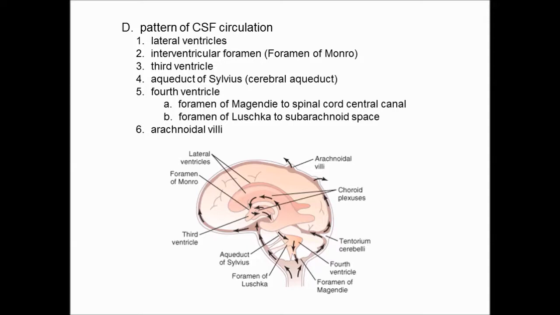Fluid can exit the fourth ventricle two different ways. It can go into the spinal cord central canal right here and down through the spinal cord, or it can go through these two foramen, which we call the foramen of Luschka, that go around the brain in what we call the subarachnoid space, which we're going to also show you in another figure.